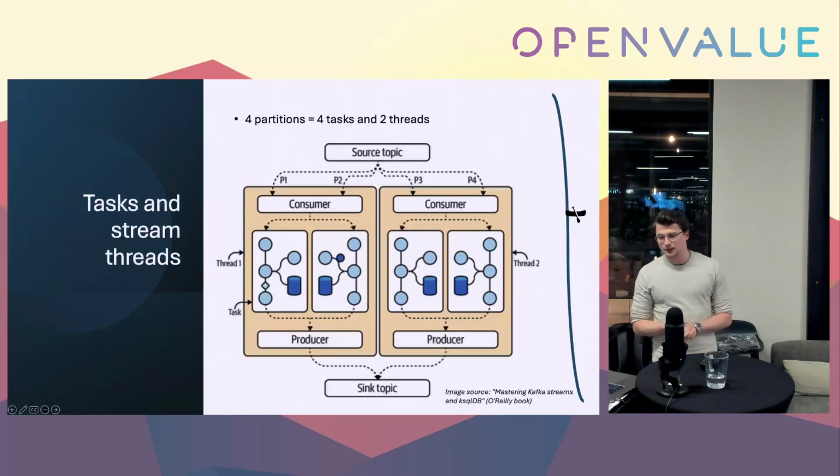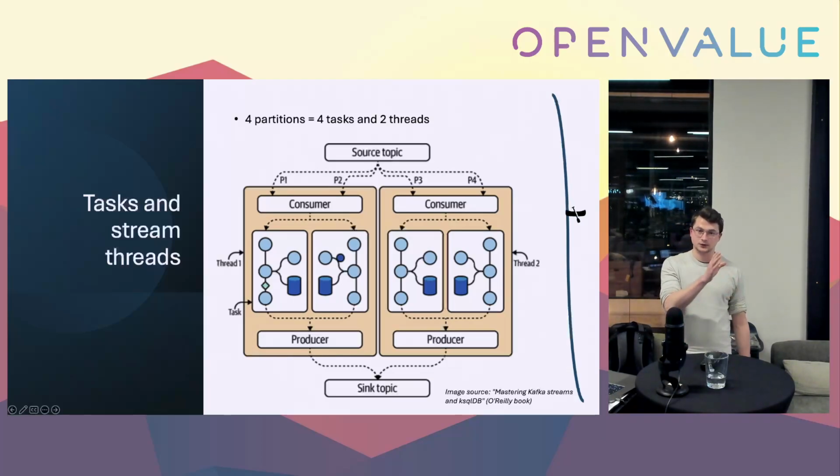So how would that look like? In this case we have 4 partitions from the source topic, which means we have 4 tasks. And if we set 2 threads, then we will see that the left stream thread has 2 tasks and the right one has 2 tasks. It has one consumer, which then pulls the data from these partitions and divides it over these tasks. So all the data from partition 1 goes to the first task.